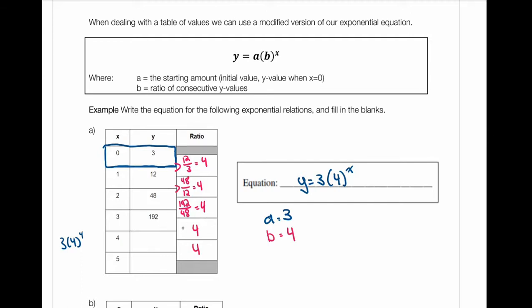Or, understanding the ratios, I could do 192 times 4 as well and get 768. Either way works. I could take 768, multiply it by 4, get 3072, or I could do 3 times 4 to the power of 5 and get the same answer. Because again, the ratio is telling what I multiply by to get to the next value.